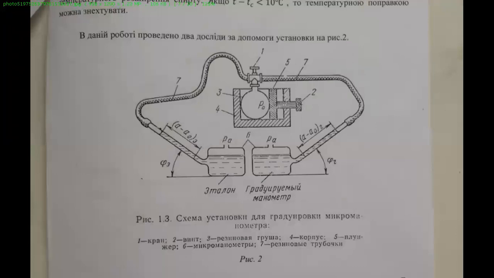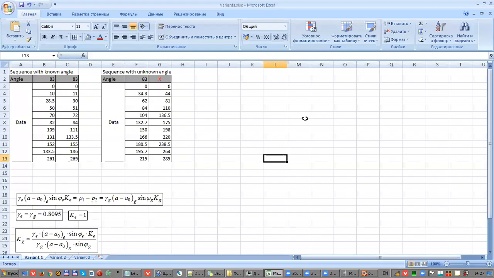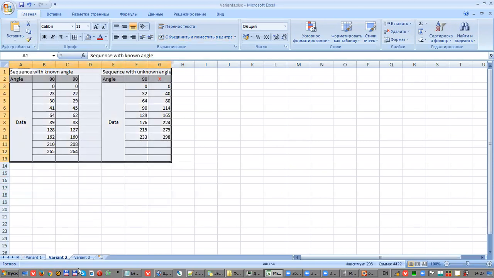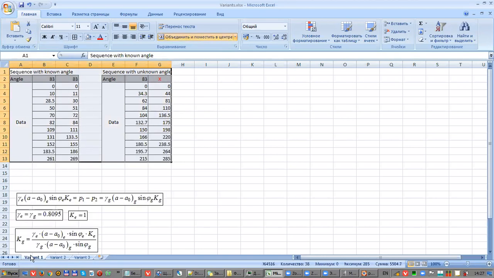And we have three sets of data. You must see Excel, yeah? First set of data, second set of data, and third one. All numbers are the level of fluid in the tube.